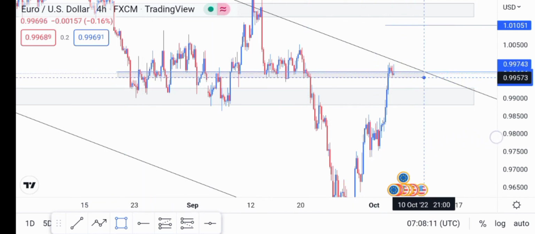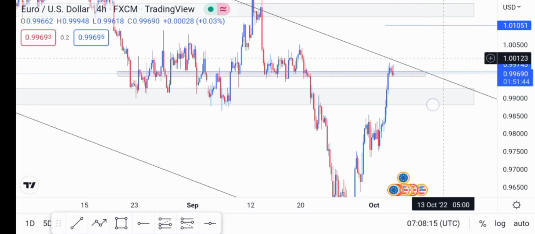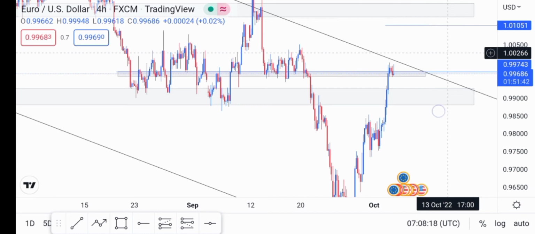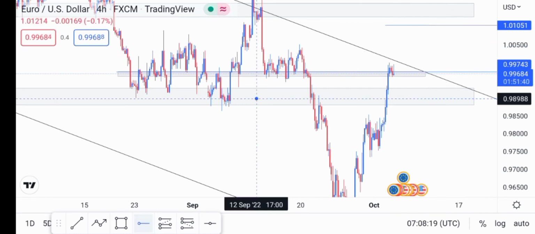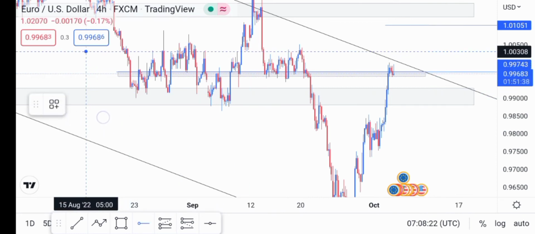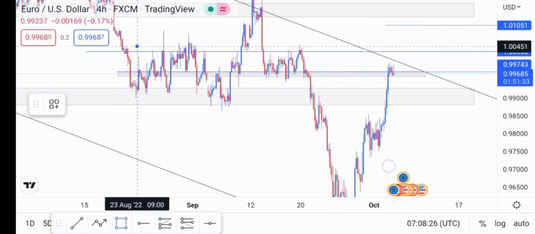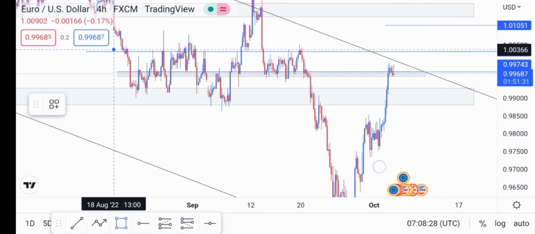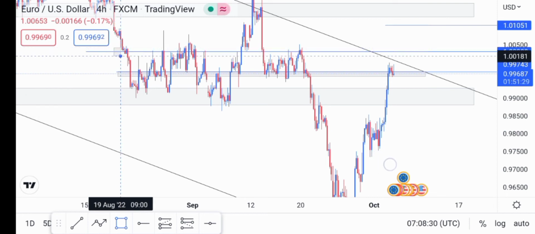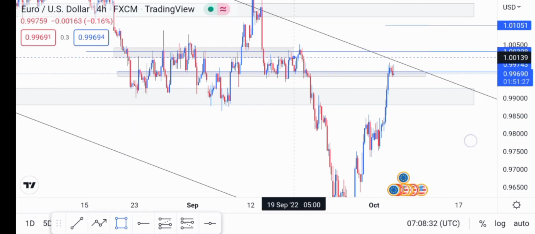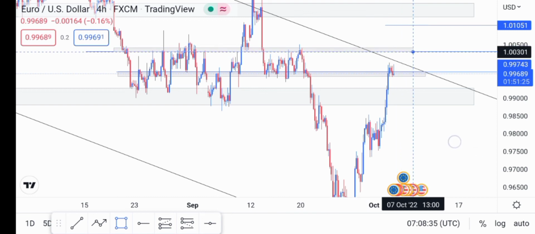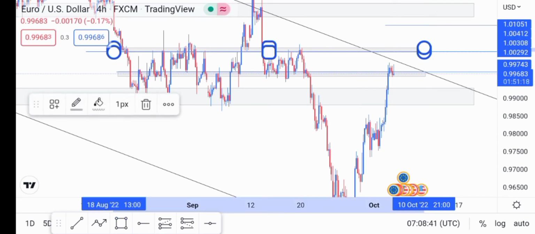Also this area right over here, I think a little bit right over here. So these are the levels that I'm seeing on the 4-hour time frame. Bear in mind that these levels are mostly usable on the 4-hour time frame and the 1-hour time frame, as we only use the 4-hour time frame, 1-hour time frame, and the daily time frame.